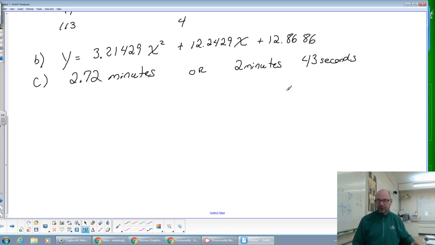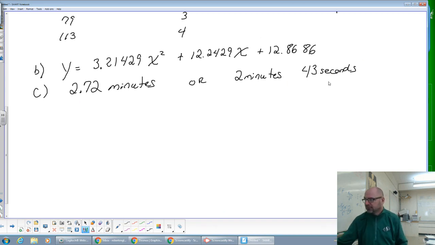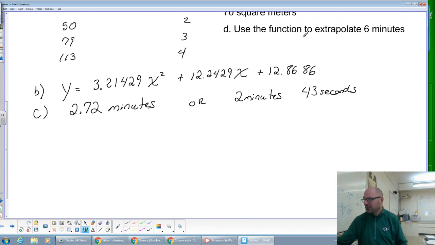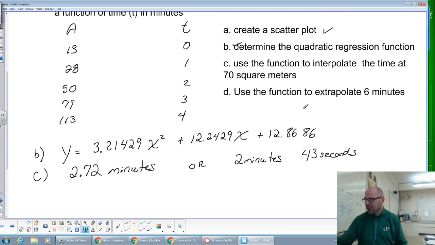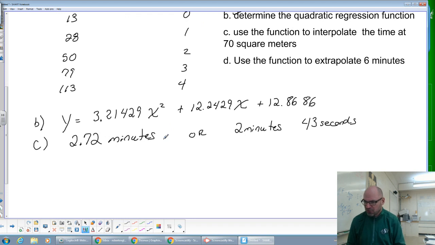Okay, and the last question is use the function to extrapolate 6 minutes. So we can do that on the function there. Now, 6 minutes is easy to extrapolate. It represents the time, so it represents our x in this case. So we can do it one of two ways.